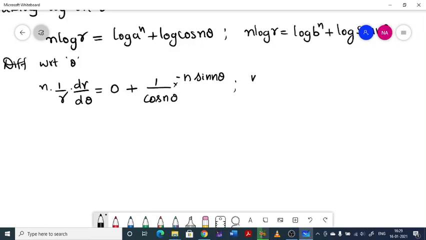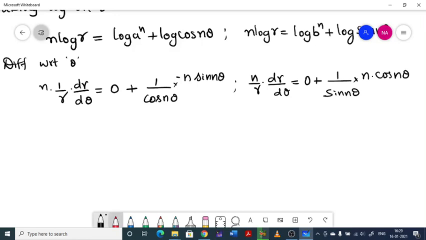So here n by r into dr by d theta equal to what you get here, 0 plus log sin n theta, that is 1 by sin n theta into n into derivative of sin n theta, you get cos n theta.